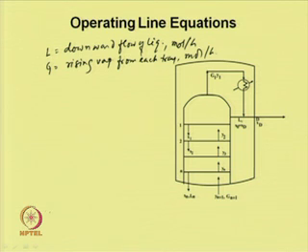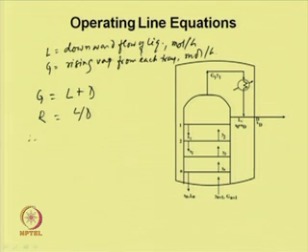Since we have assumed equimolar overflow, we can omit the subscripts for the liquid and vapor flow rates. If we do the total material balance for this envelope, we can write G is equal to L plus D, and another term is defined, the reflux ratio R, which is L by D.